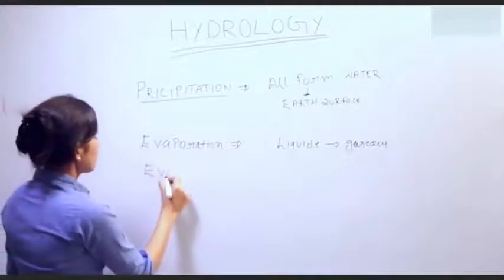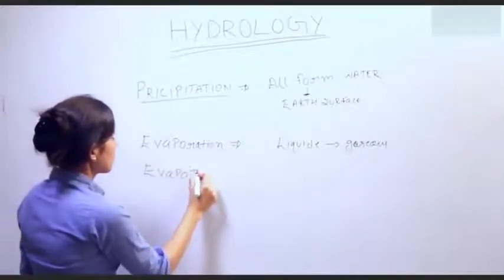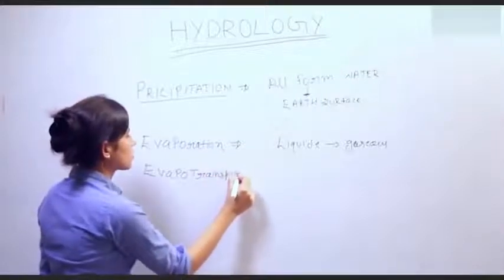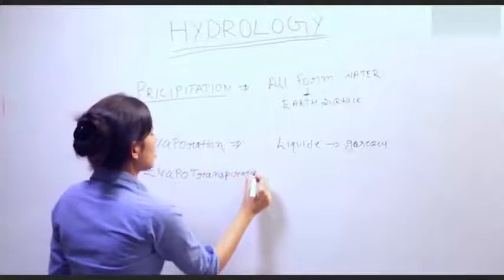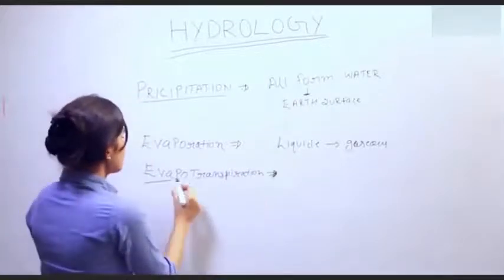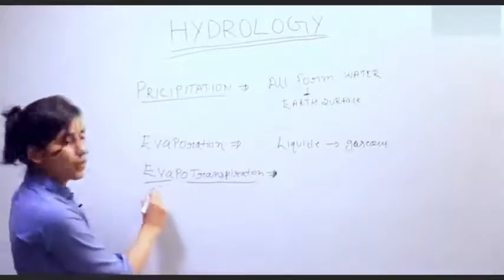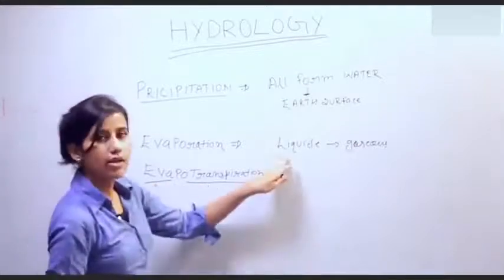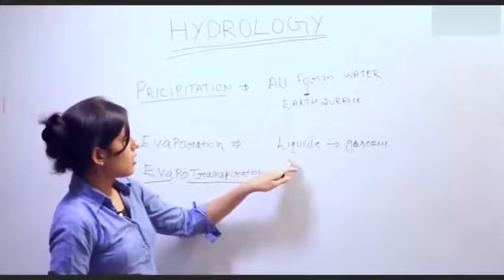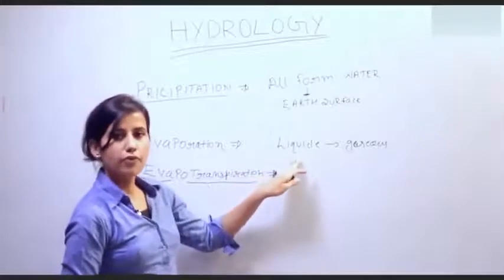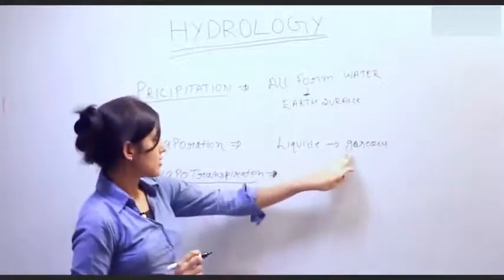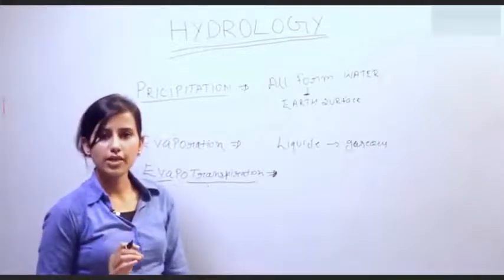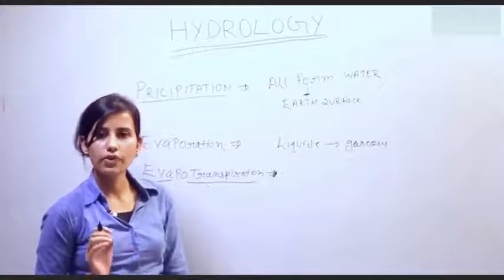Evapotranspiration is two phenomena. First is evaporation, second is transpiration. What is evaporation? As I said, evaporation is change of water particle from its liquid state to the gaseous state. Transpiration is a phenomenon in which water particles evaporate from the leaves of the plant.